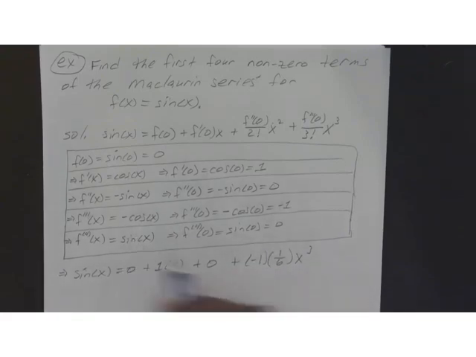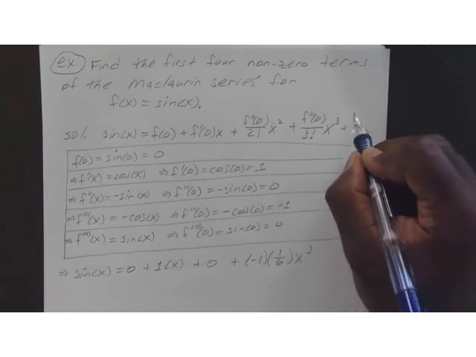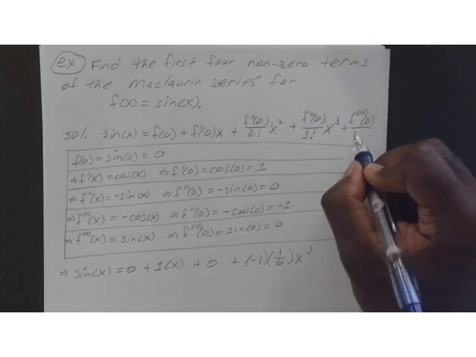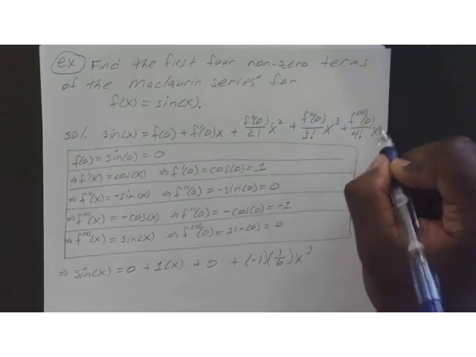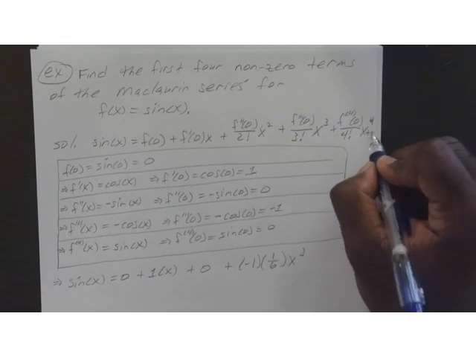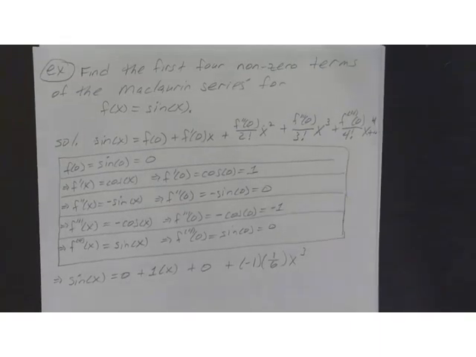Okay, and if we went one more, made that the fourth derivative at 0, divided by 4 factorial times x to the fourth power, and then it keeps on going after that. We see that would just end up being 0.